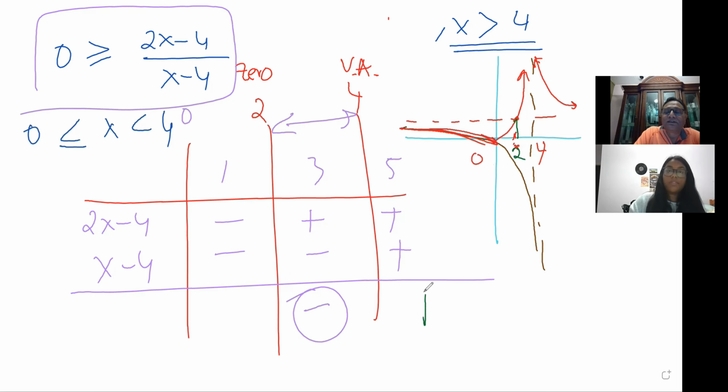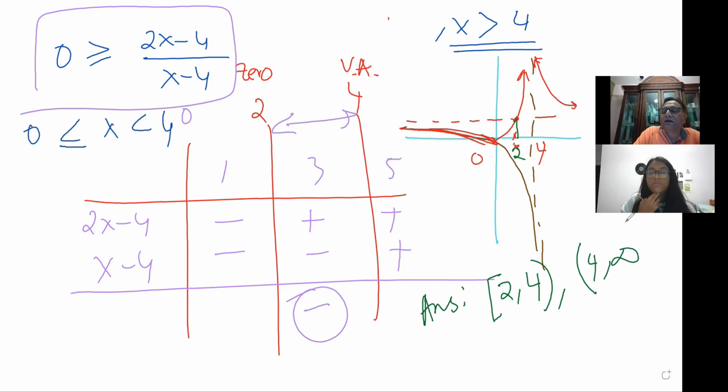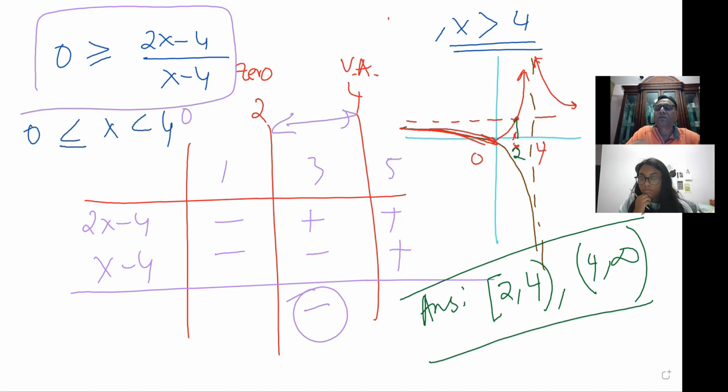So our answer is the x value is from including 2, but not including 4. And the other one is from 4 to infinitely large value. Is that clear to you? That is how we are going to solve this particular inequality. Any other questions?